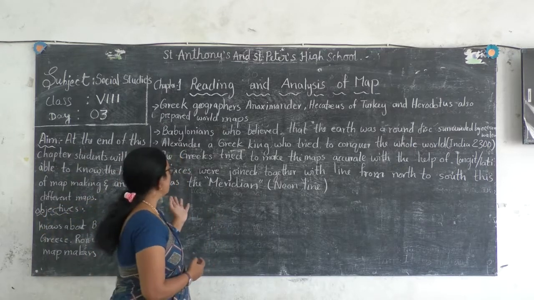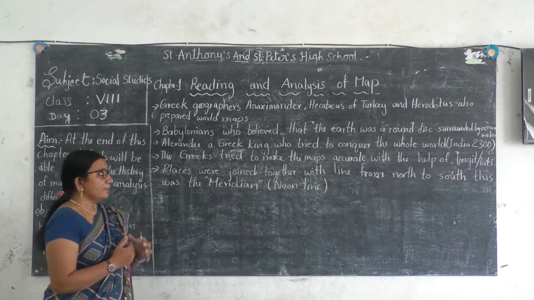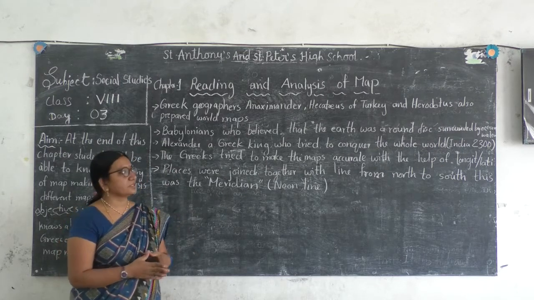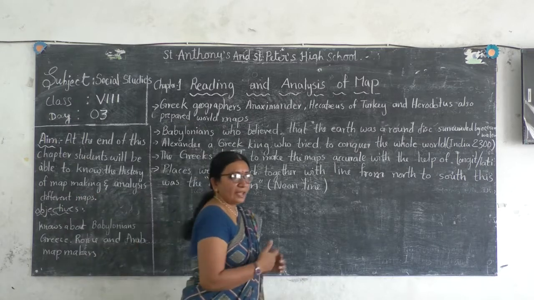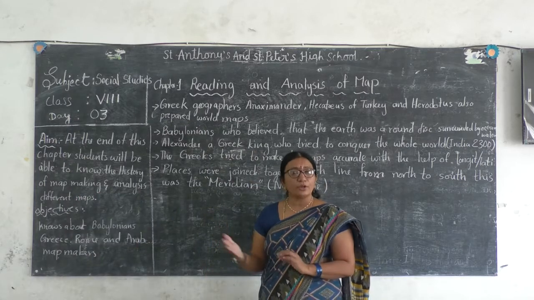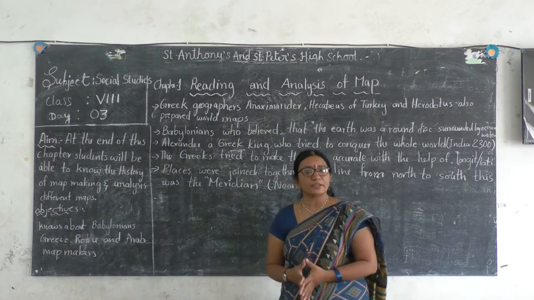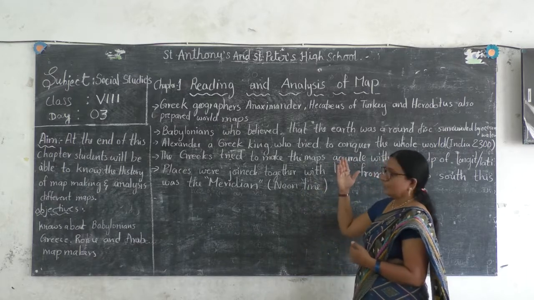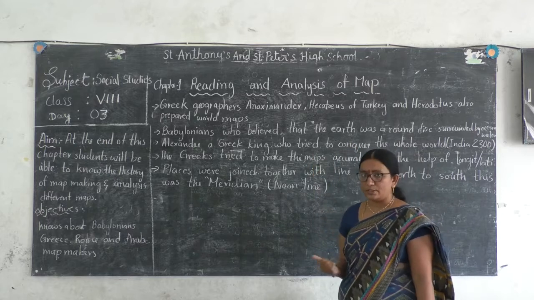According to Greek geographers and traders, they made accurate maps with the help of latitudes and longitudes. The latitude and longitude we learned about in the previous class was first used by Aryabhatta, and it was used again by these Greek geographers.